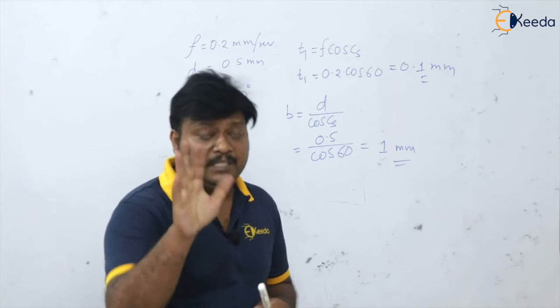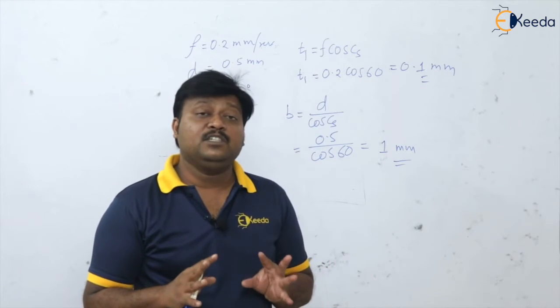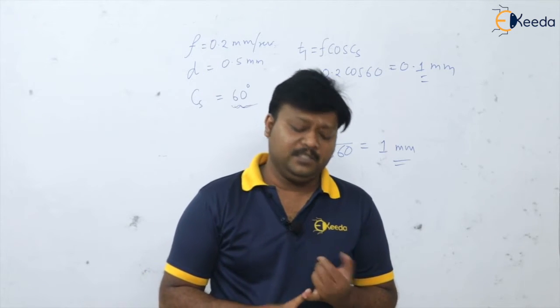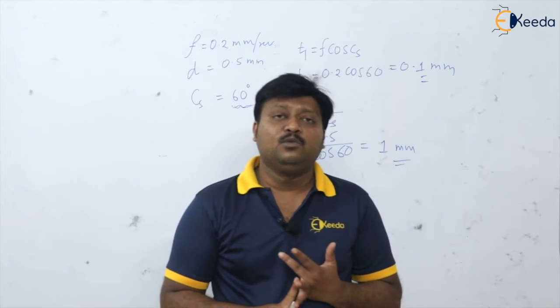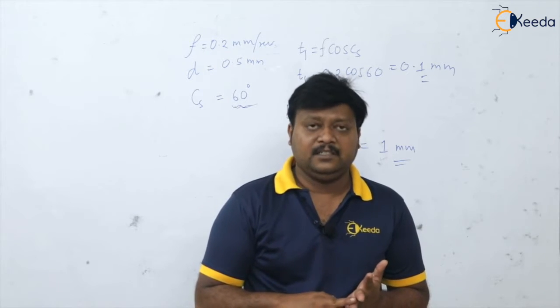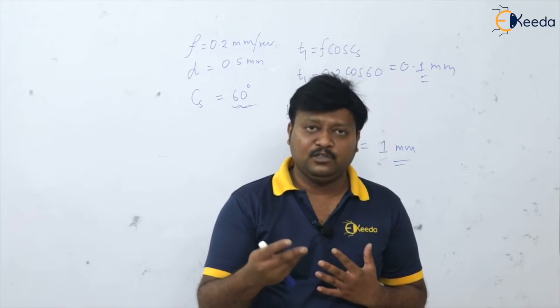That is the thing. And please remember, whenever the question is on the economics of machining, or on the tool life, or the surface finish, we are calculating by using the CS and by using the nose radius.